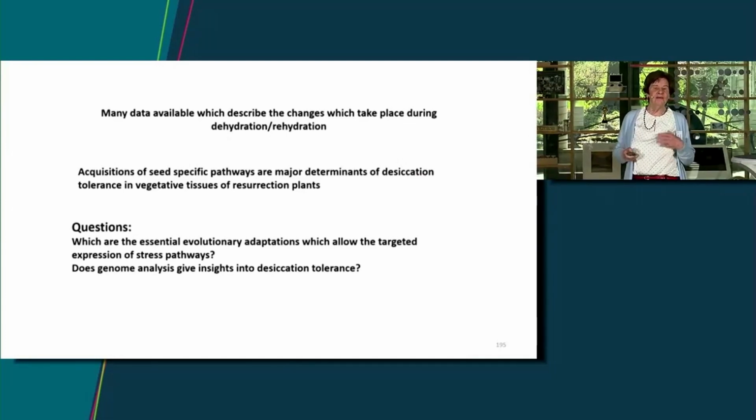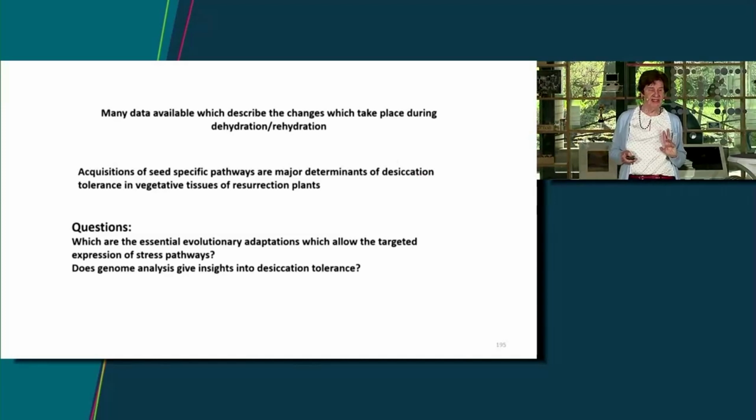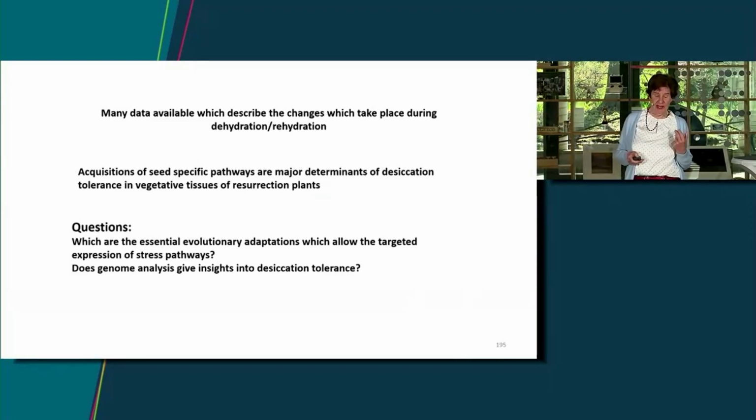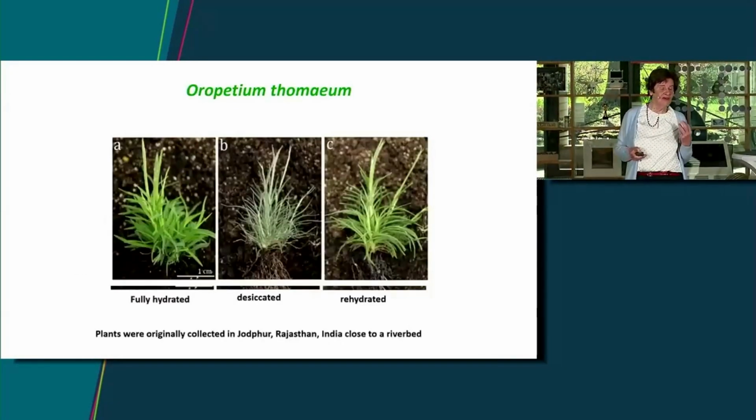So what makes a resurrection plant different from a non-resurrection plant? I will just show you 3 slides now, introducing a slightly different resurrection plant, namely the small grass, Oropetium thomaeum, which originated from India.